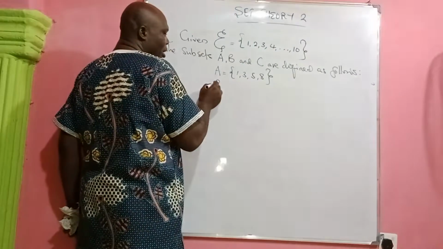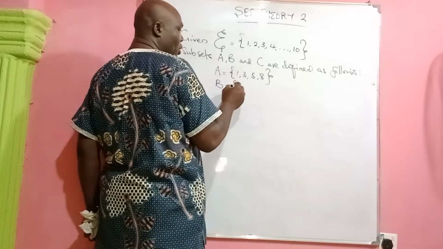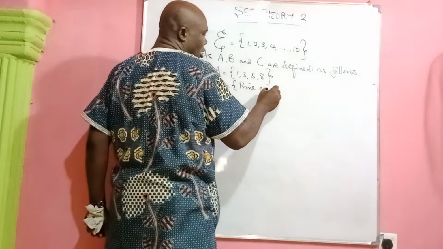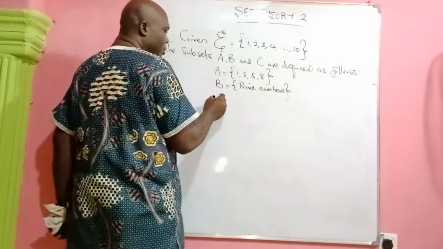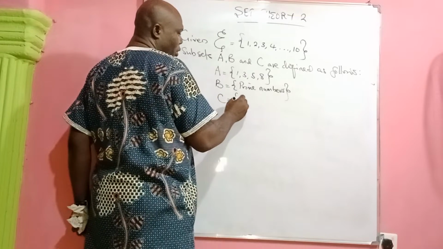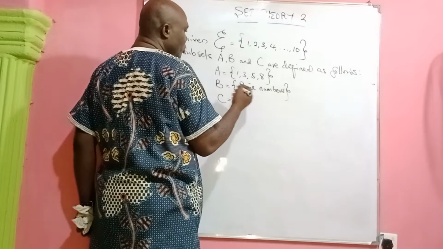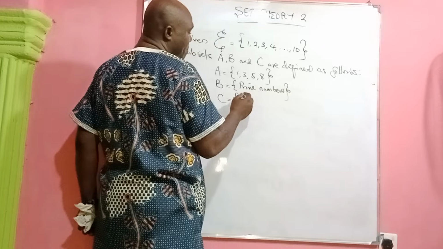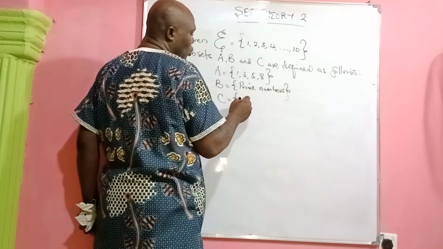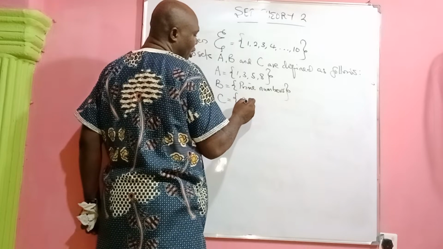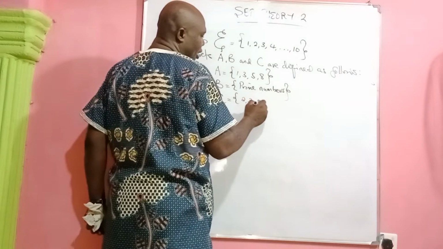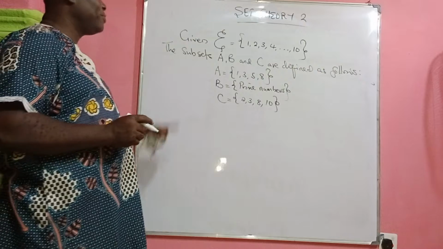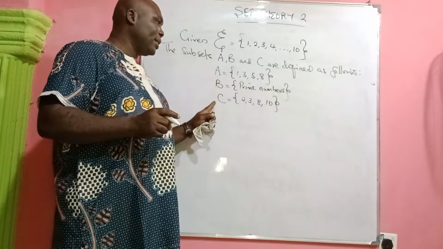And then B, they can say prime numbers. And then maybe C, let's say 2, 3, 8, and 10. Now, they define the subsets of that universal set as A, B, and C.